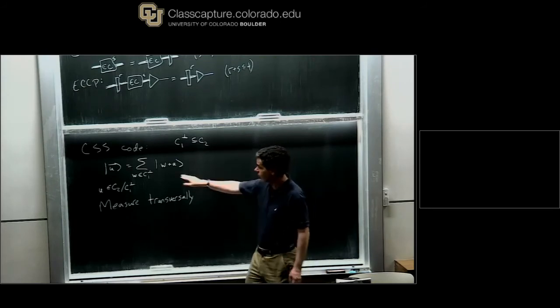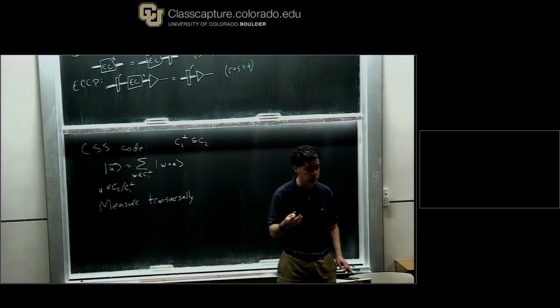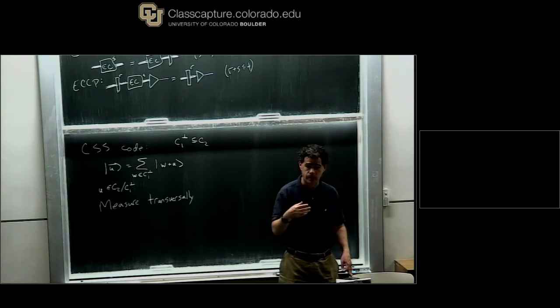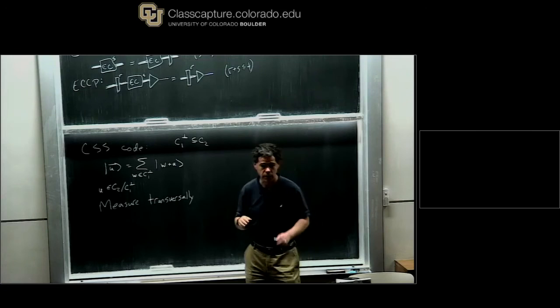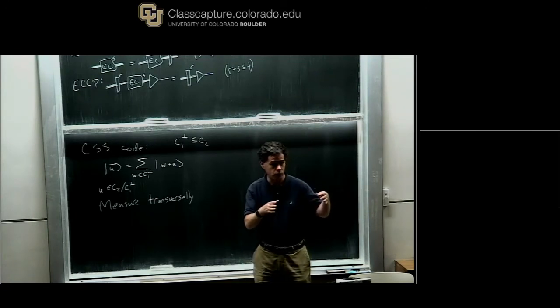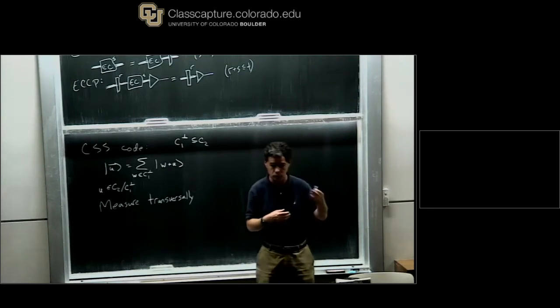So in the case of the 7-qubit code, for instance, C1 perp is the even weight code words in the Hamming code. The logical 0 is a superposition over all the even weight code words, and the logical 1 is the superposition over all the odd weight code words in the Hamming code.